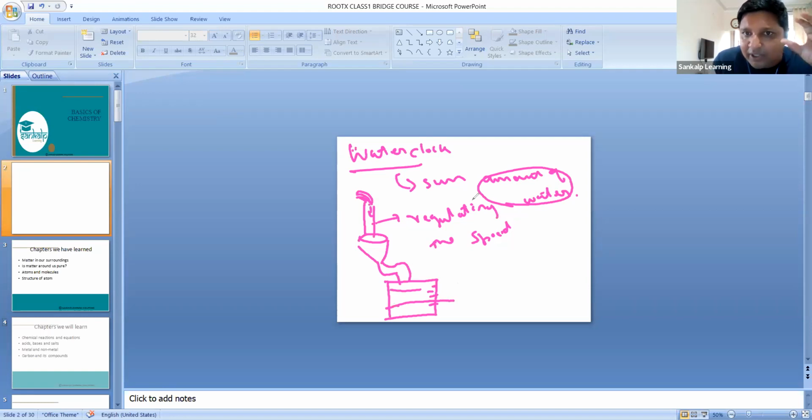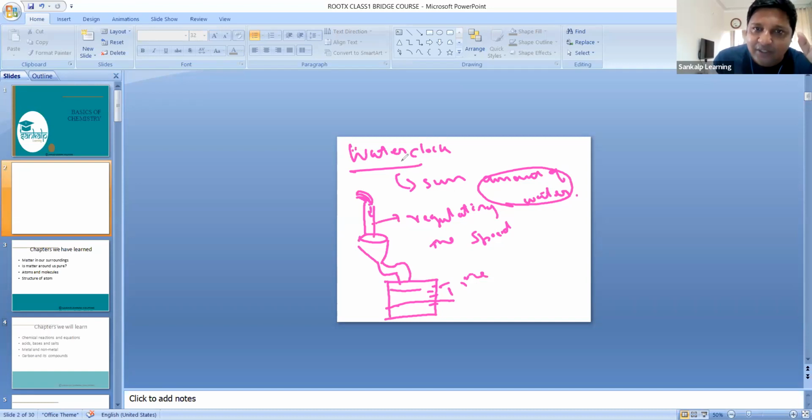Based on the interval the fixed amount of water takes, they are measuring the time. So the rate of flow of water was the principle used to measure the time.